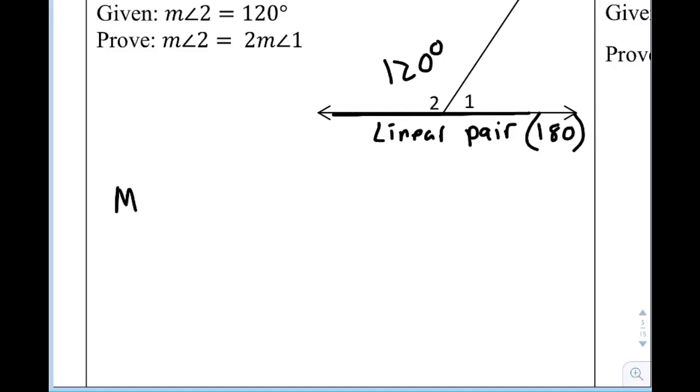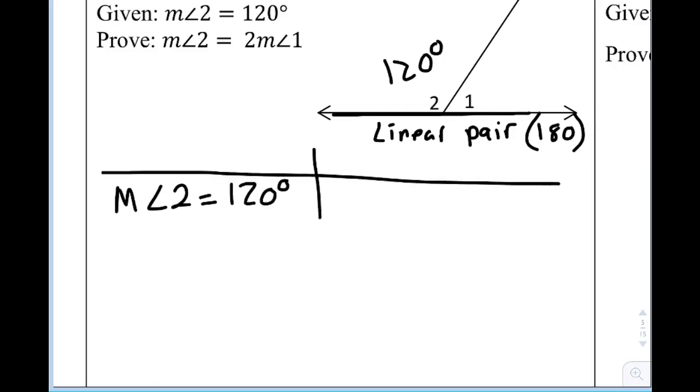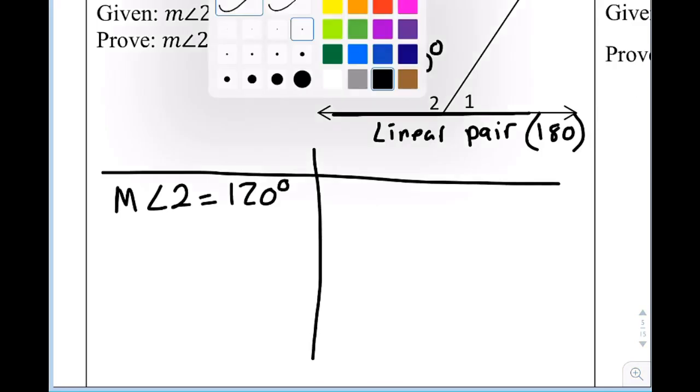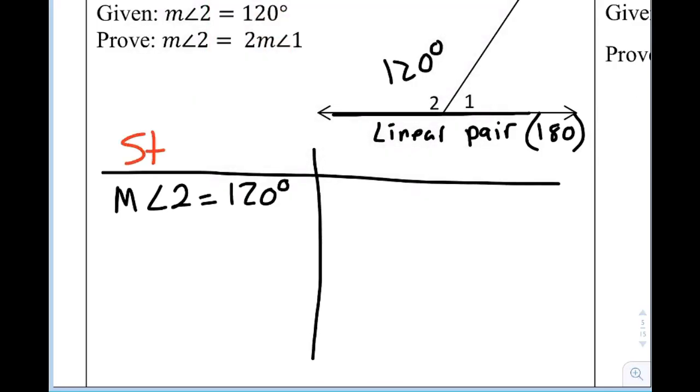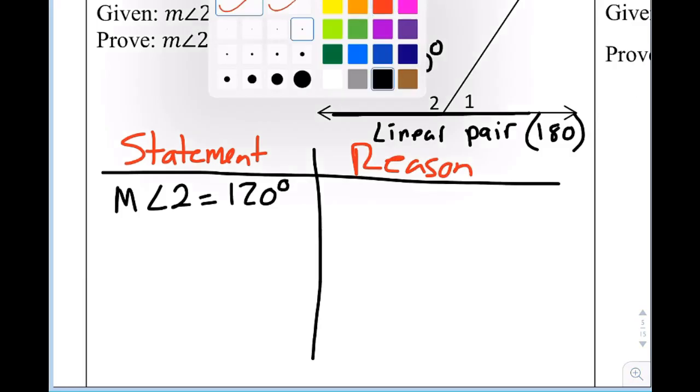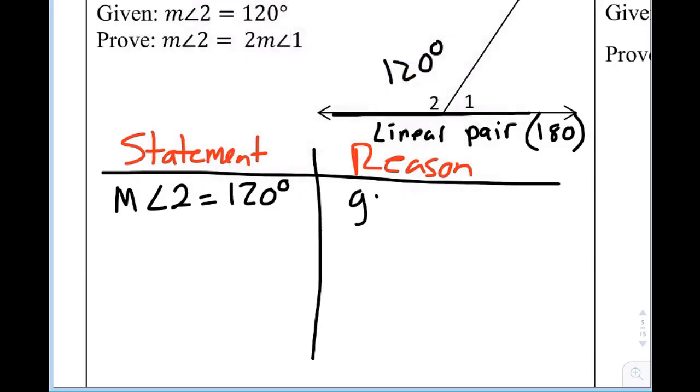The measure of angle 2 is equal to 120 degrees. Here are our statements, and our reasons. We're always going to start with given. And I like to number mine, so I'm going to put a 1 here.